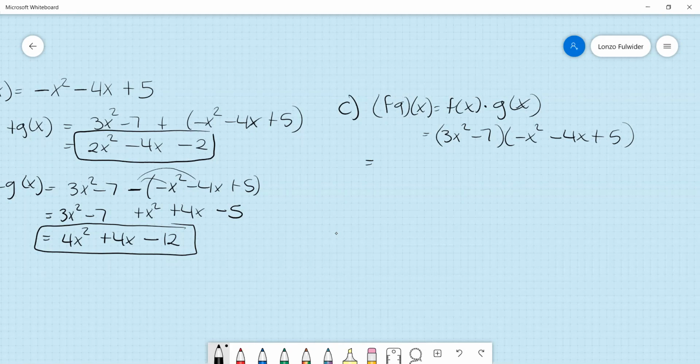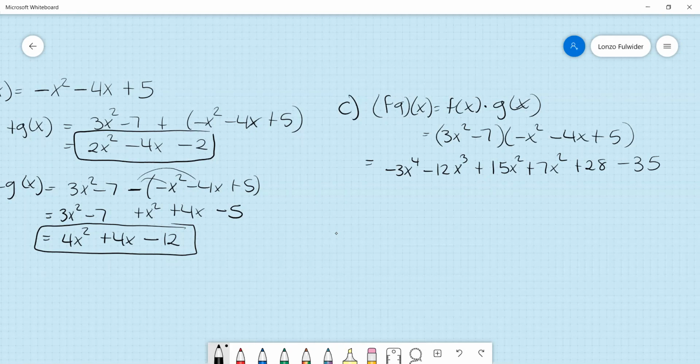When you FOIL this out, you get -3x fourth minus 12x cubed plus 15x squared plus 7x squared plus 28x minus 35.